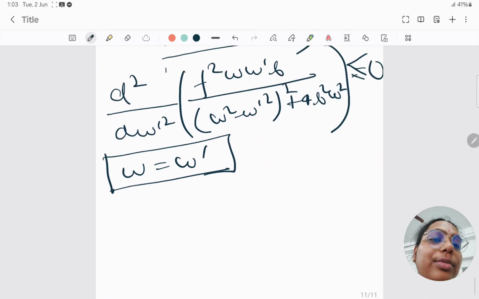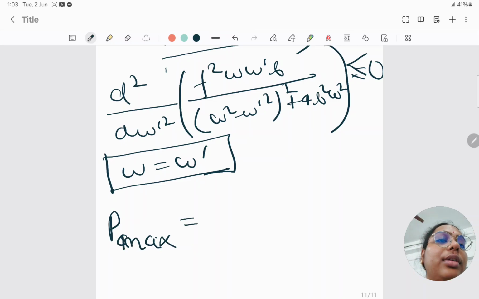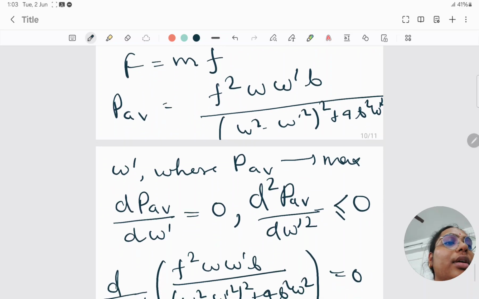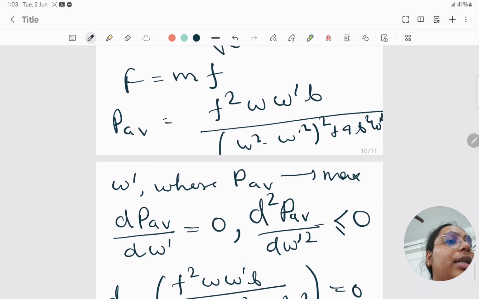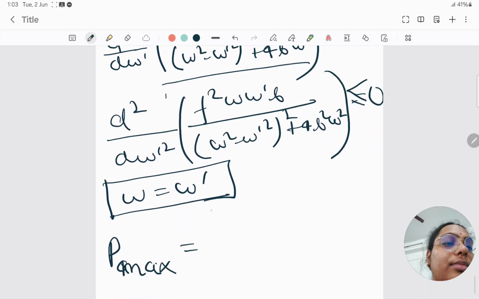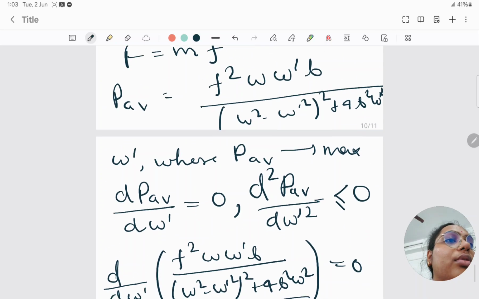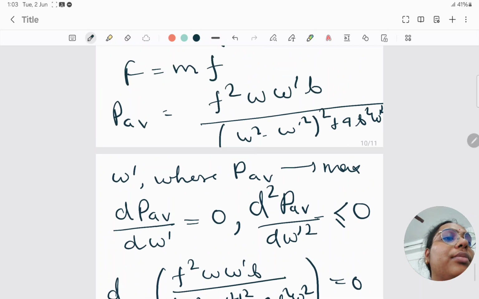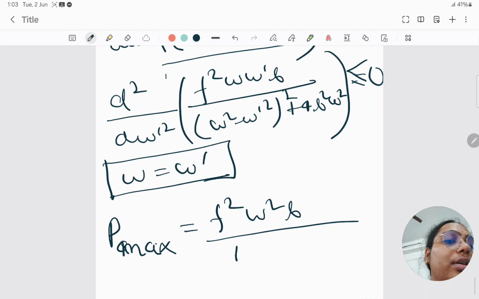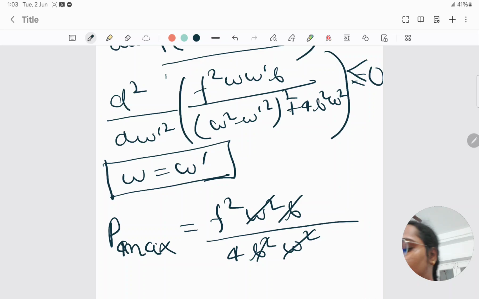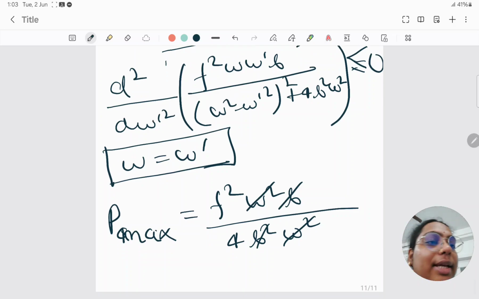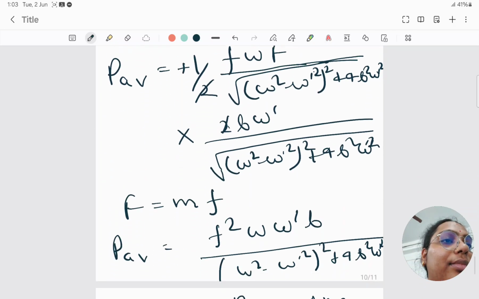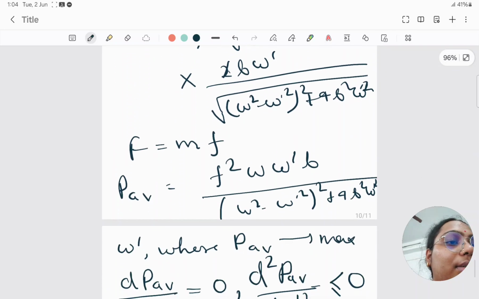so what will be the maximum value of power? The maximum power, put ω equal to ω', so we'll get f² ω² b divided by, this will become 0, this will be 4b²ω². So this will cut, so what will be P max? Oh, where is m? I have not written m, I think.